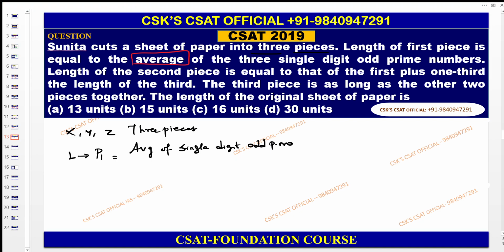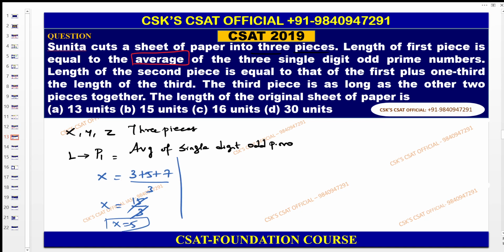Let us take the piece 1 as x here. Single digit odd primes: 3, 5, 7. So you can place here the sum of those by 3: 3 plus 5 plus 7 by 3. So x is equal to 15 by 3. You can cancel. x becomes 5.